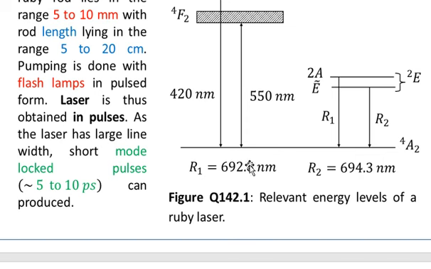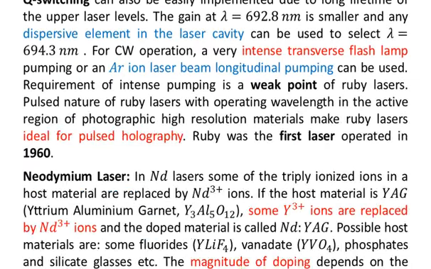So we can reject R1, and if we want to obtain R2, we can use a dispersive element in the cavity to get rid of R1 and make R2 laser in the system. So R2 can be obtained very easily using any dispersive element.